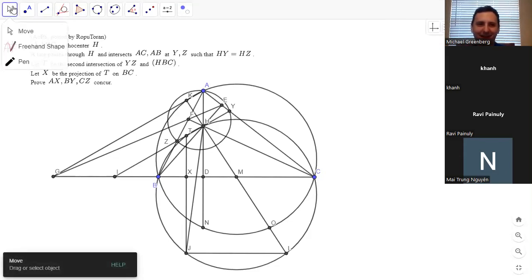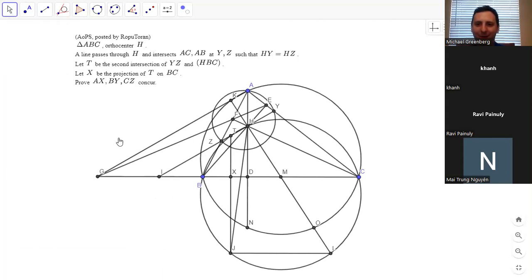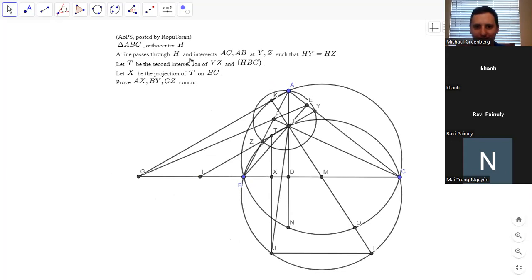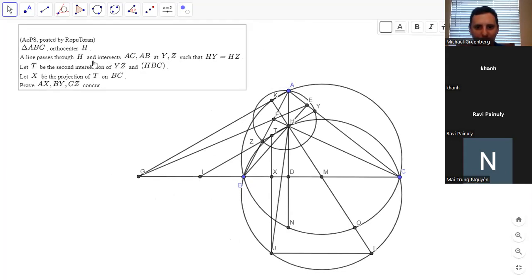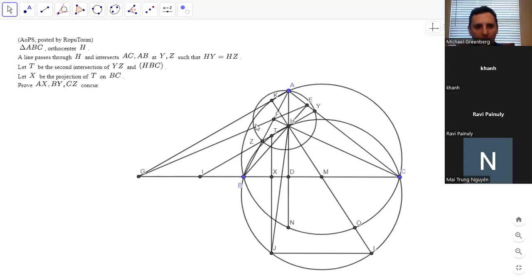There are harder ones that were posted by RopuToran. I'm sorry, but how is HJ the symmedian? HJ is a symmedian in triangle HBC because HL is the median, right?